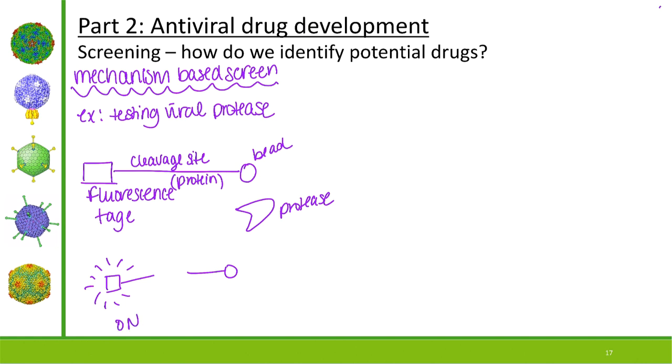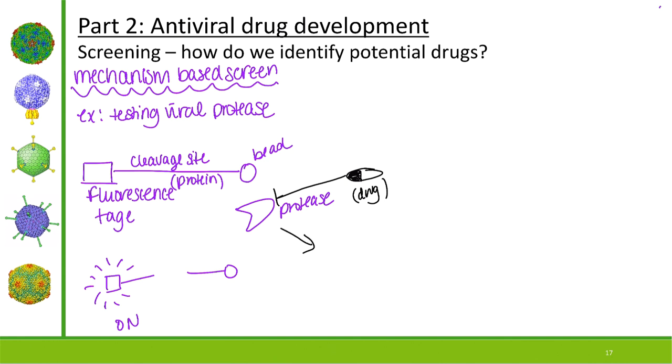So our goal then is to screen products. So we're going to draw a little... This is a really bad picture of a pill, but this is how I envision a pill, or actually instead of a pill, let's just call it a drug. It doesn't necessarily have to be a pill. And this drug is going to inhibit this protease. So it might do it by sitting in the active site. It might do it by sitting somewhere else in the protease.